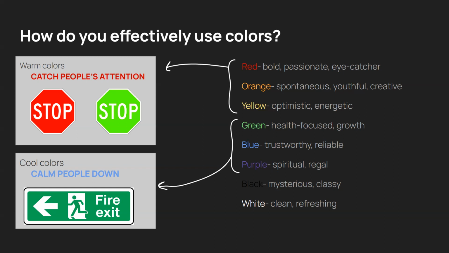Well, green, it's a relaxing color because if you're in a fire and you finally see the exit sign, it's like a sign of relief. If you see red, you don't want to go even crazier during the fire, because red catches your attention, but it also is like a sign of panic for some.